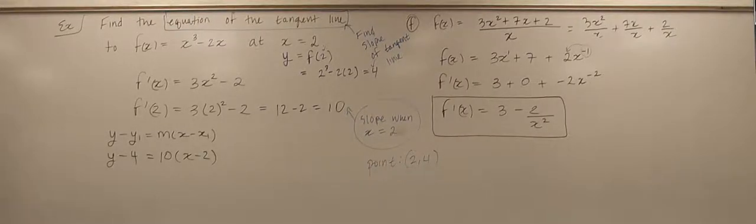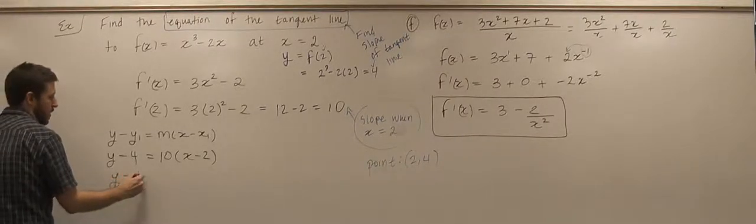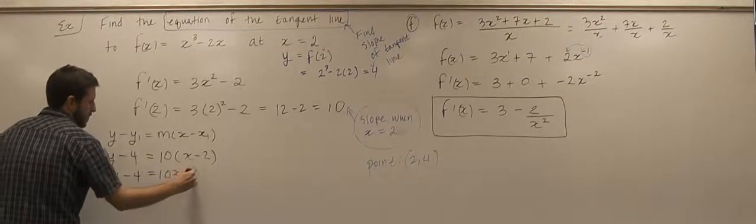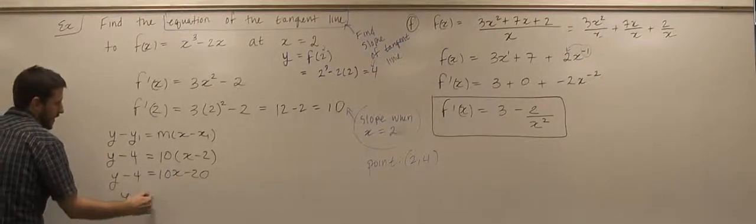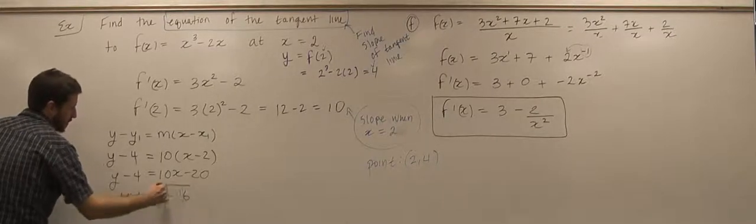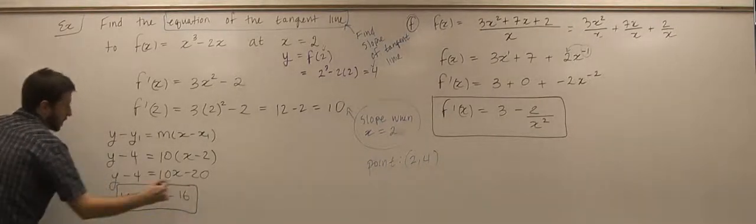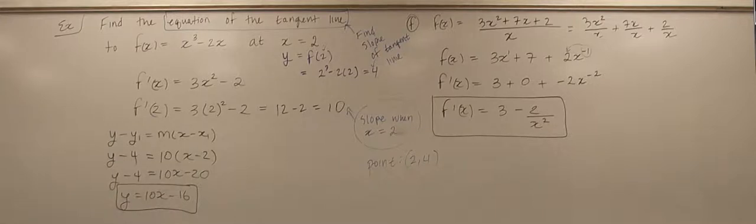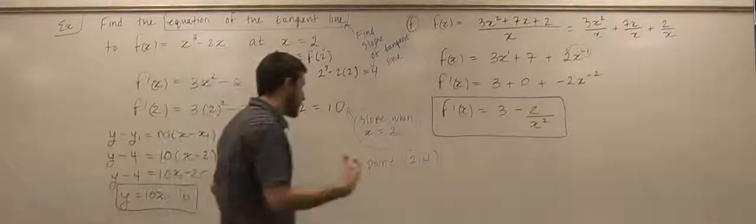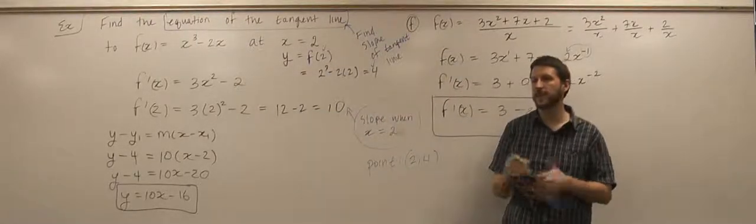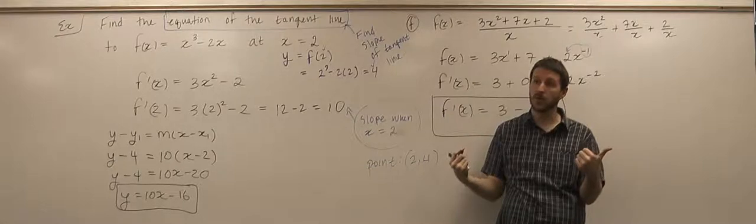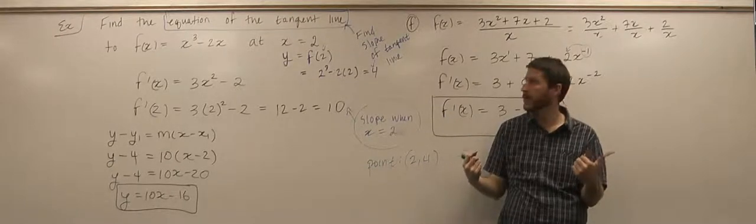This is kind of ugly. Yeah, I would probably solve for y. Distribute out the 10, add the 4 over, y equals 10x. So when your problem says find the equation of a tangent line, you're always going to need to find a slope and possibly a point, depending on if they give it to you or not.